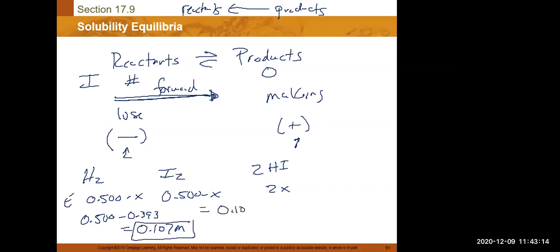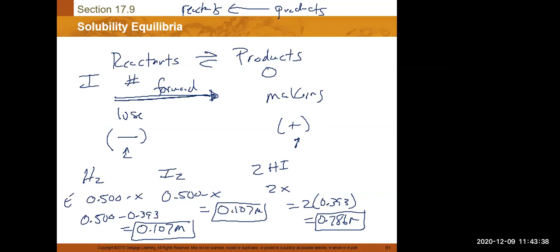We would get the same answer since it's the same number. And here we would take 2 times 0.393, and that would get us 0.786. And these three numbers would represent the equilibrium concentrations of everybody once this thing reaches equilibrium.